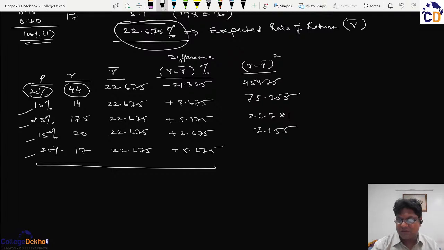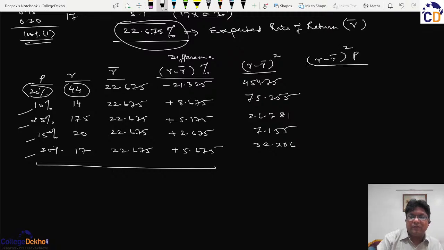And this last figure will be 32.206. And if we multiply this square with the probability, beginning with the last, this will come out to be 9.661. This will come out to be 1.073.